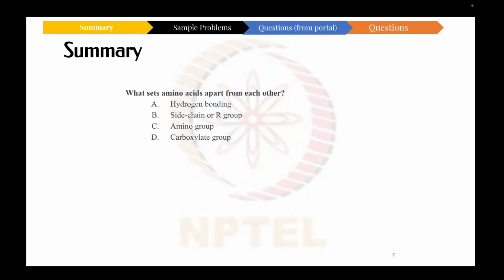Are the 20 different types of amino acids because of the difference in hydrogen bonding, or difference in their side chain or R group, or difference in their amino group, or due to difference in their carboxylate group?